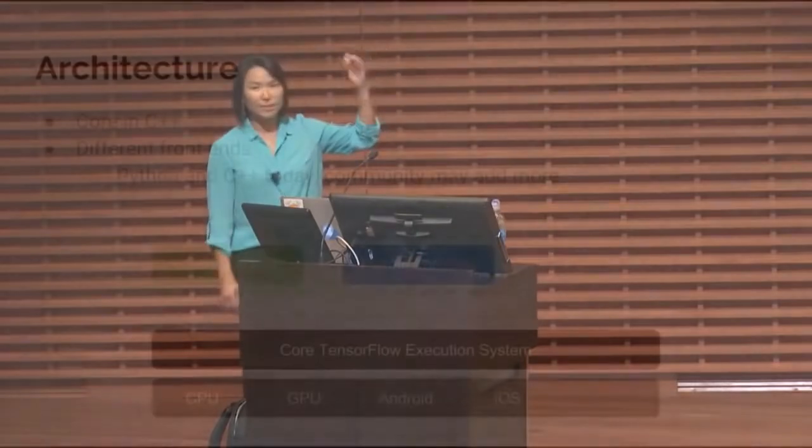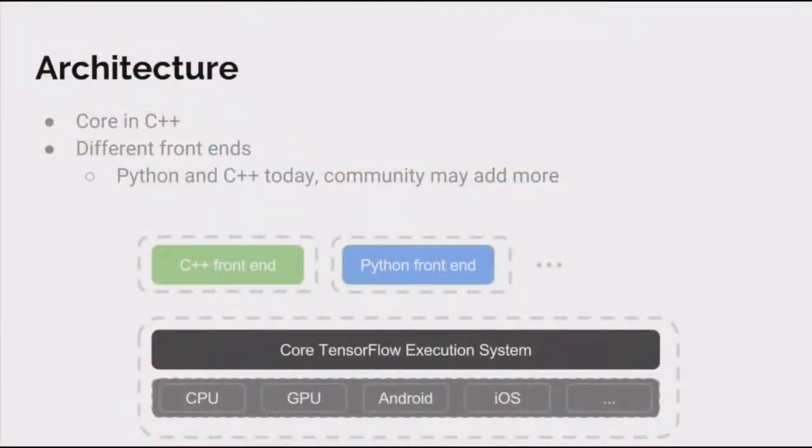I think you guys must have seen some examples of how you construct a graph. So we have the front end libraries written in your favorite language. And if C++ and Python is not your favorite language, feel free to contribute. We always welcome contribution. So you construct your graph in your favorite language, and this graph will be sent to what we call the core TensorFlow execution system.